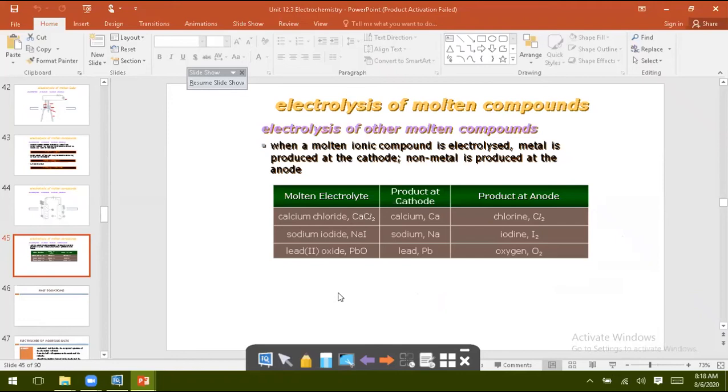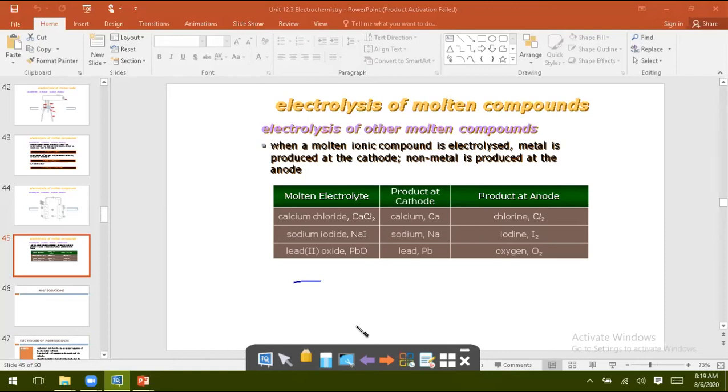All right. I have these other examples. And again, when you are confronted with an exam question, the keyword is molten. When you see the word molten in the question, then you must know that two ions are involved.